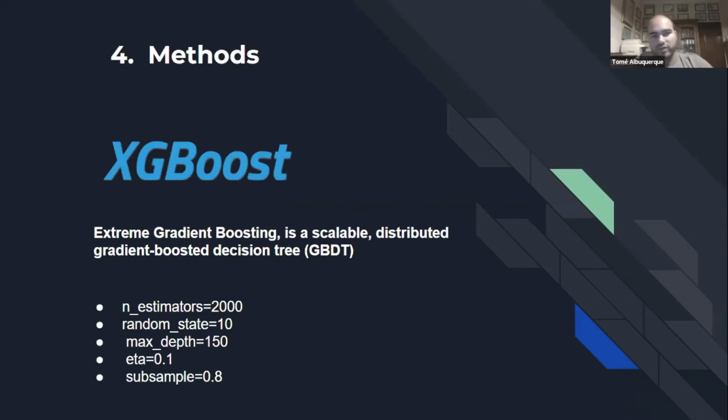So for the methods, we use a very well-known model, which is called XGBoost, and it's based on decision trees. And here you have the hyperparameters if you want to test and reproduce our results.